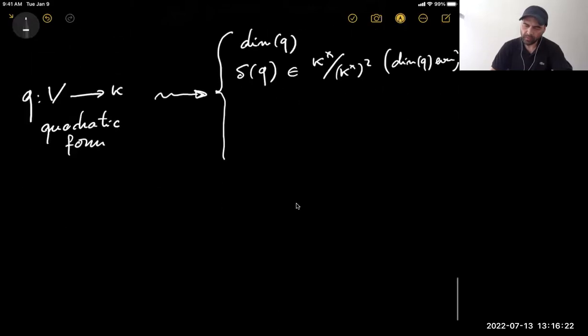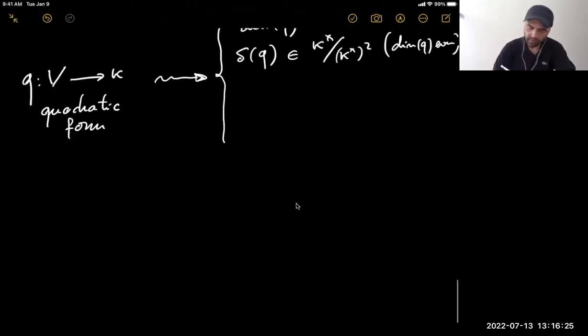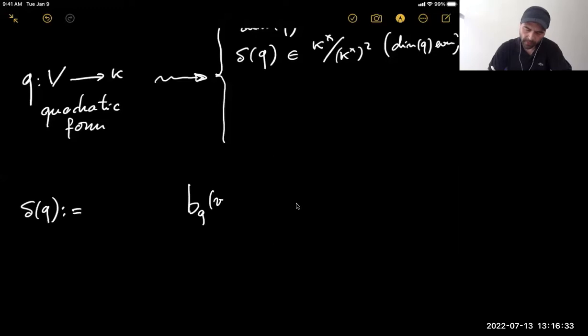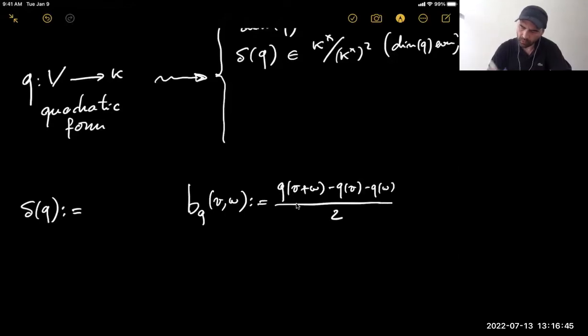So maybe let me just recall this because one possible way to define it is that you look at the bilinear form associated to your quadratic form, which you define like this: b(v,w) = (q(v+w) - q(v) - q(w))/2, and then you study the determinant of this bilinear form.